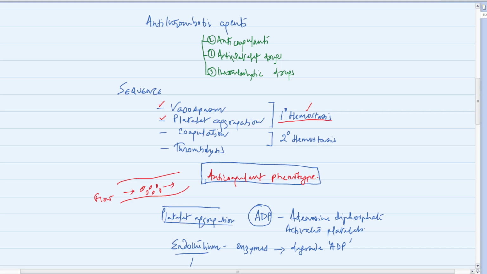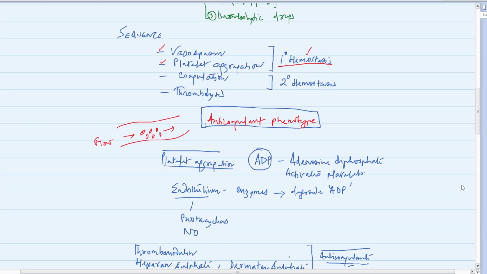Those two complete our discussion on primary hemostasis. And we said that there is conversion of fibrinogen to fibrin, and that is the second part of hemostasis, that is coagulation, which we'll be considering in another segment. Finally, we'll end up with thrombolysis. So that completes this segment of our discussion.